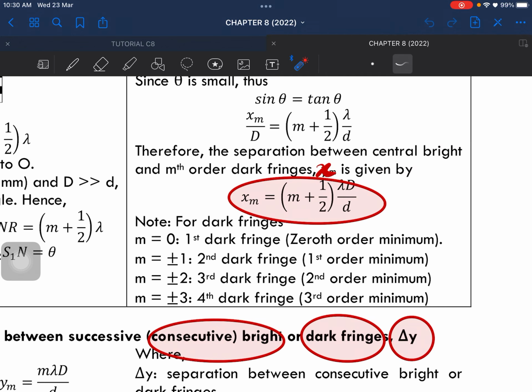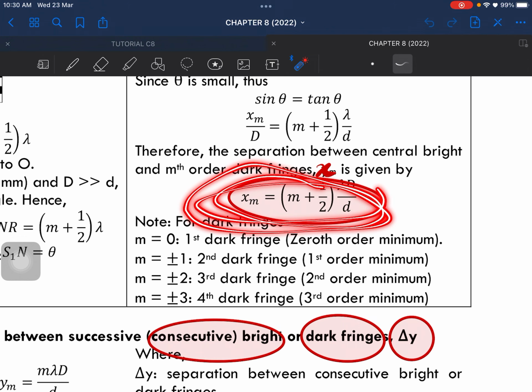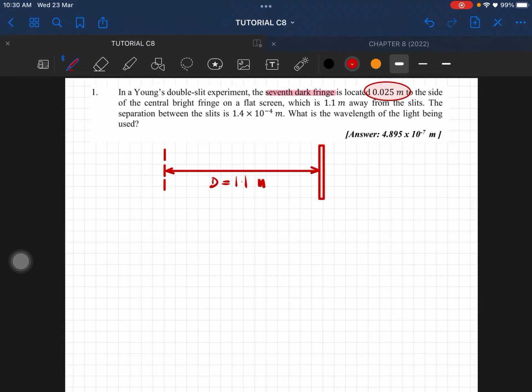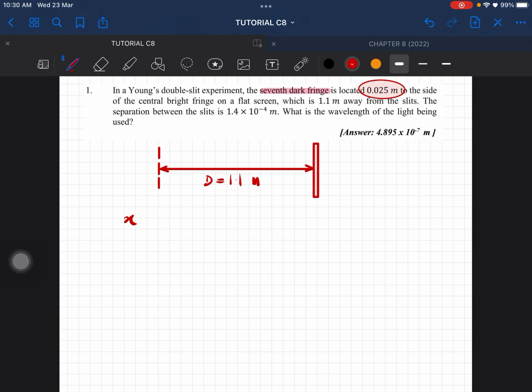So the equation is going to be this one. Let us write down the equation. This is going to be equal to (m plus half) capital D over the small d. Alright, that is the formula that we will use.